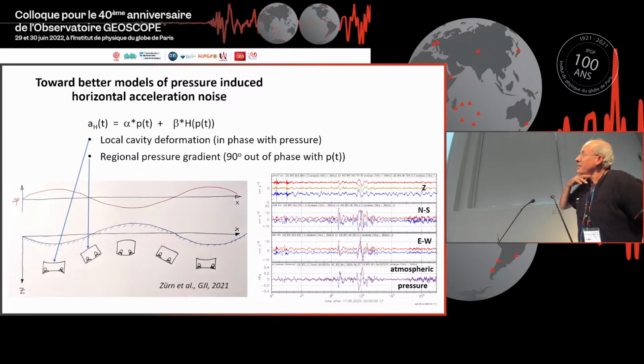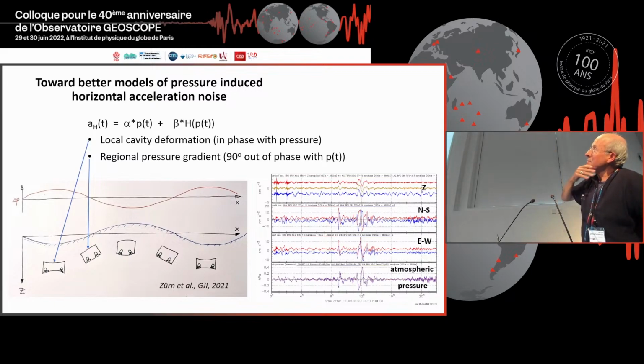This tilt is 90 degrees out of phase with the pressure signal, whereas on the bottom left, the deformation of the cavity, there the tilting is in phase with the pressure. So you have two responses, one where the tilting is in phase with the pressure, and one where the tilting is 90 degrees out of phase. And it goes on as you move through this pressure cycle.